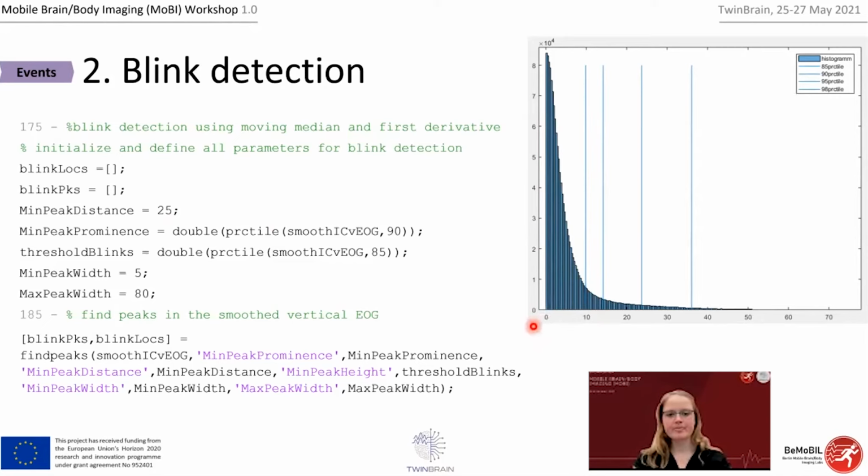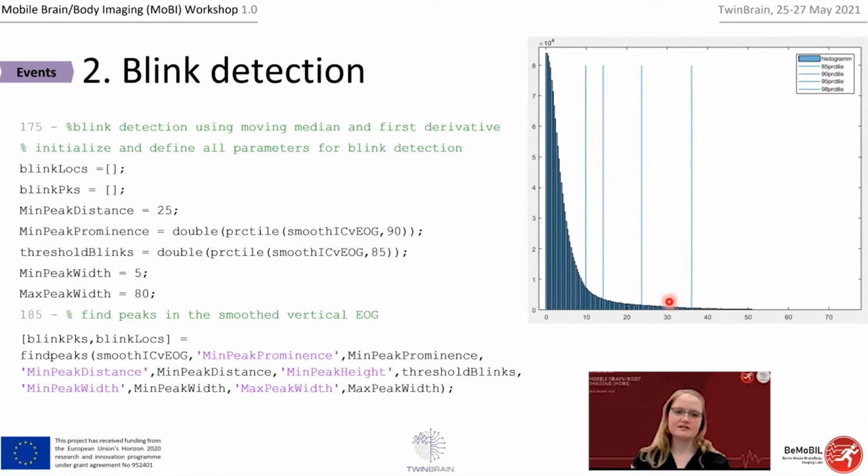So usually, if you don't use the absolute values, you would have a more Gaussian, not that high peak, and then you would have a kind of a plateau or even a secondary peak here, because of the blinks.